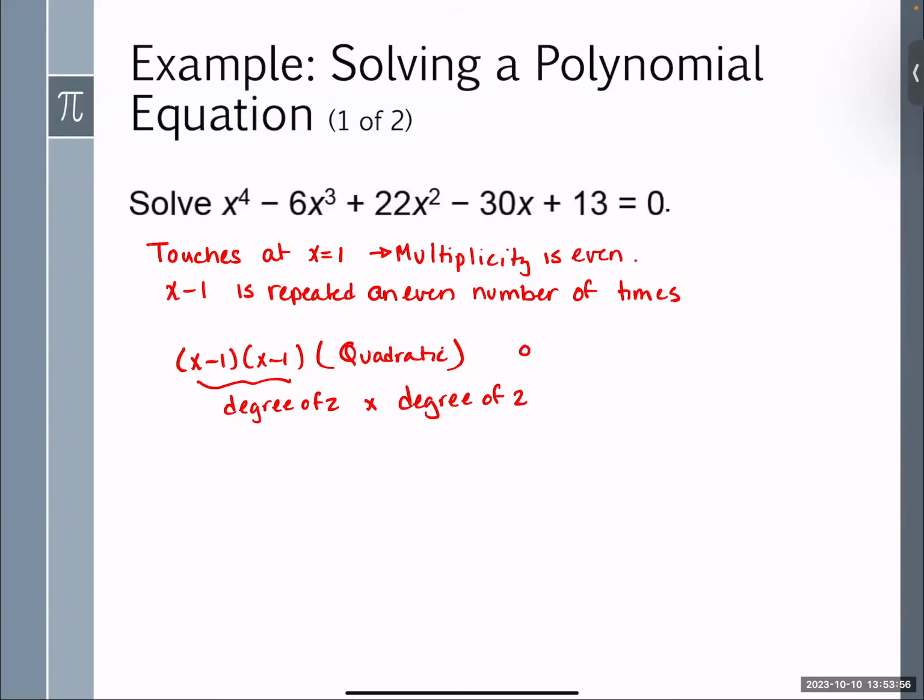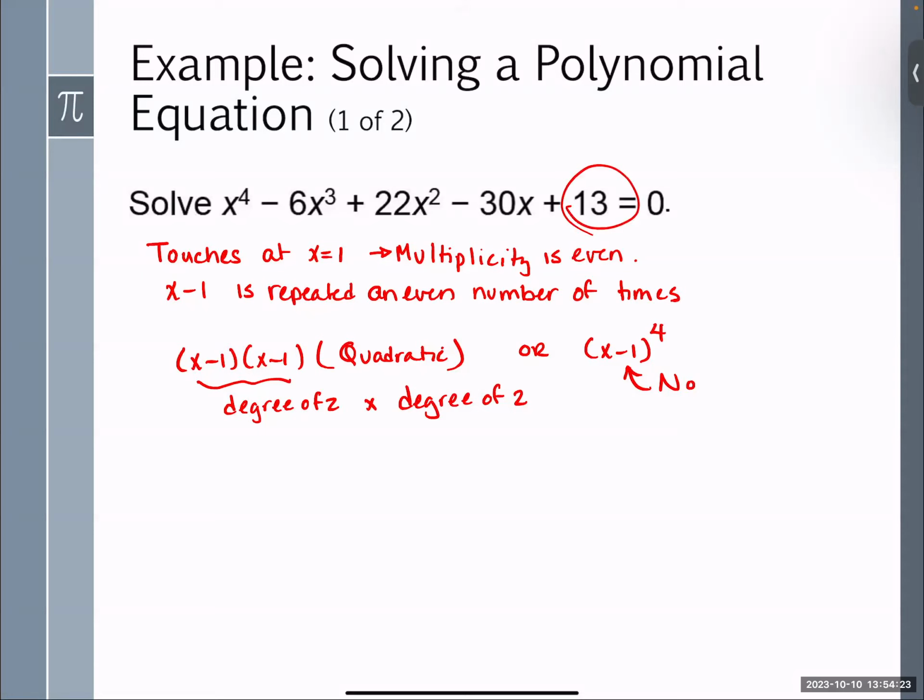Or it factors to x minus 1 to the 4th power. It has to be one or the other. Well, it's not going to be that one, because if I multiplied that all out, x minus 1 times x minus 1 times x minus 1 times x minus 1, the constant factor at the end would be 1, because I'd have 1 and 1 and 1 and 1.